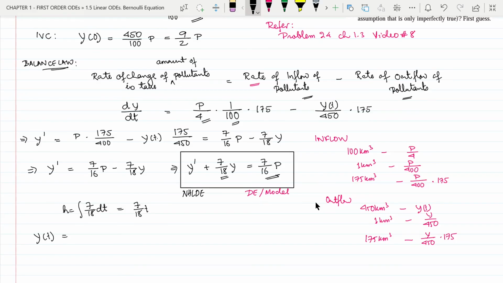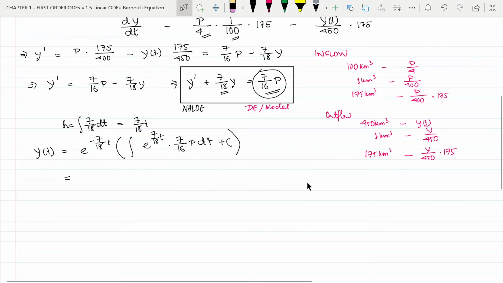and the solution is y of t equal to e to the power minus h, which is e to the power minus 7 by 18 t, whole into integration of e to the power h, which is 7 by 18 t, multiplied by r of x, which is this 7 by 16p term, dt plus constant of integration c. Let us simplify this.